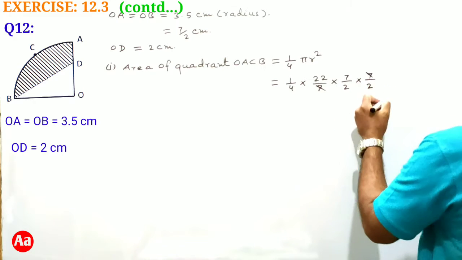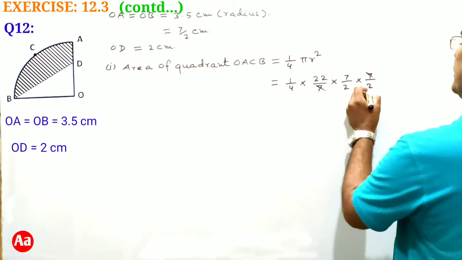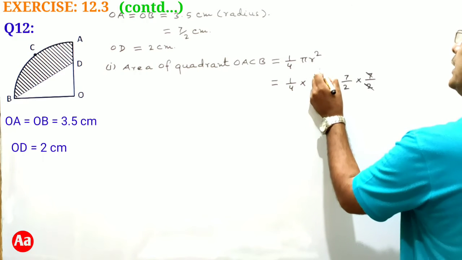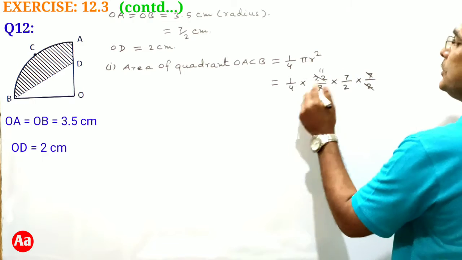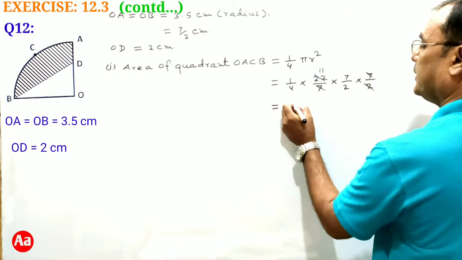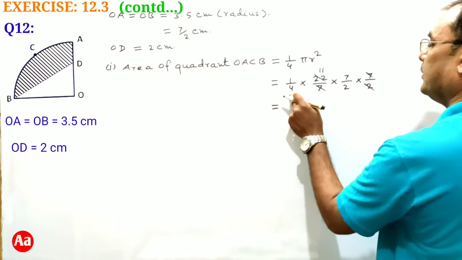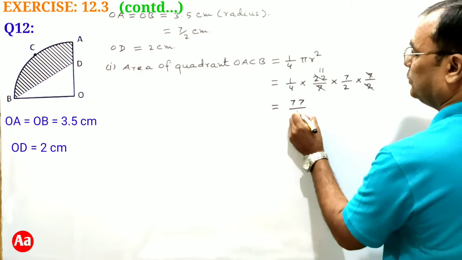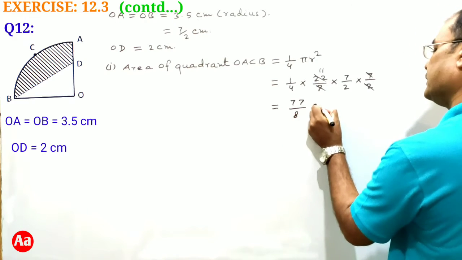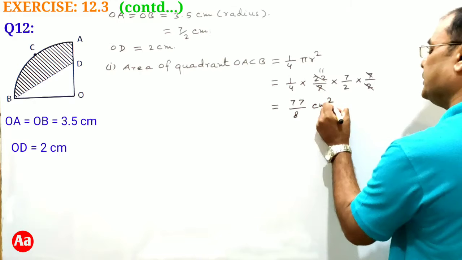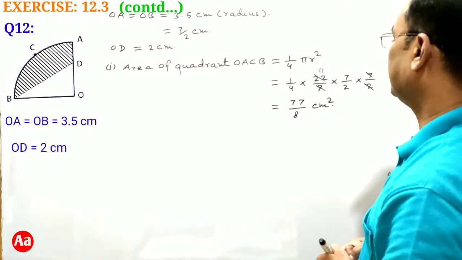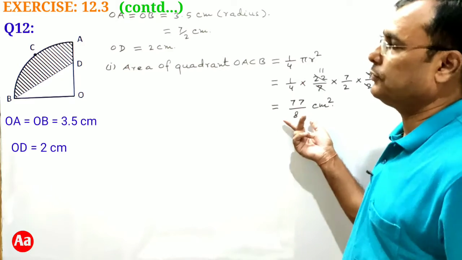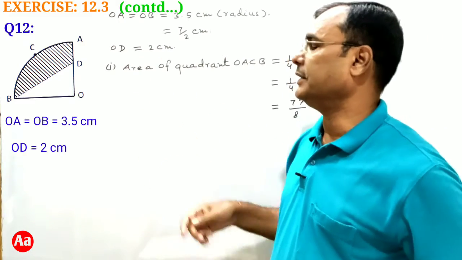This 7 cancels, 2 11 times 22, 11 into 7, 77 by 4 into 2, 8 centimeter square. So this 77 by 8 centimeter square is the area of quadrant OACB.